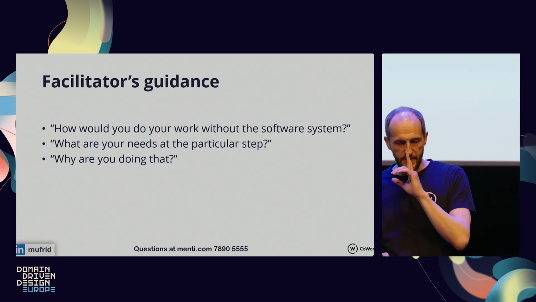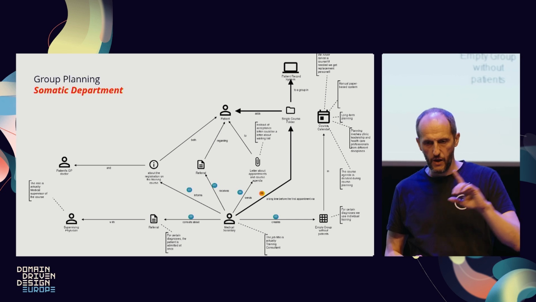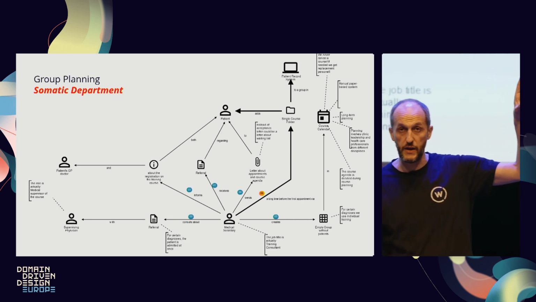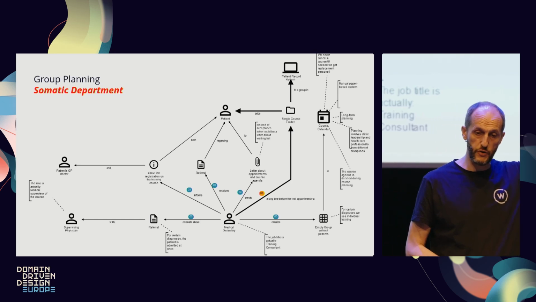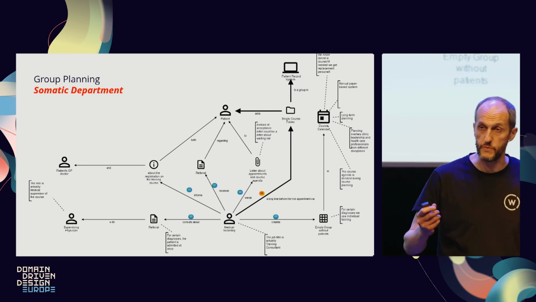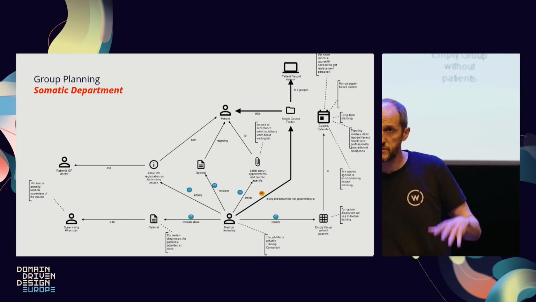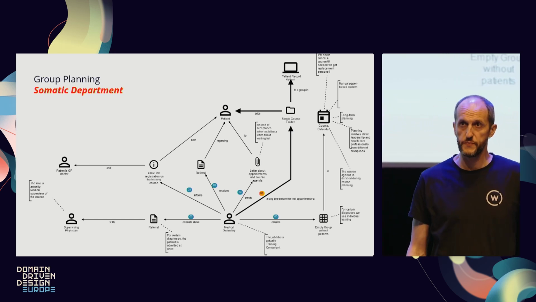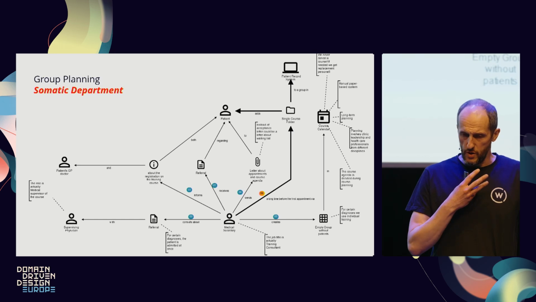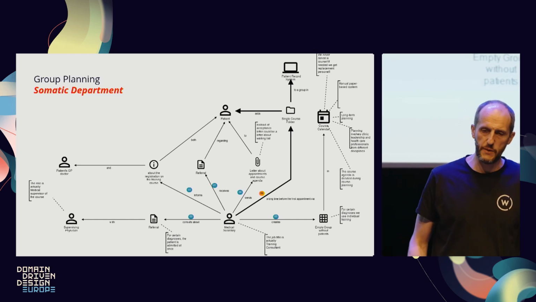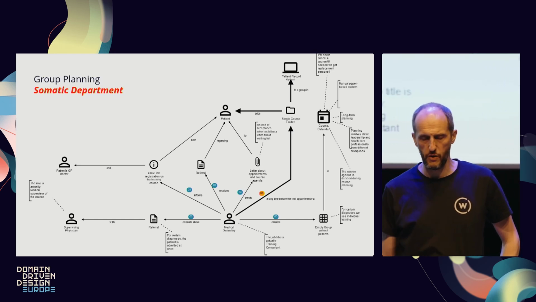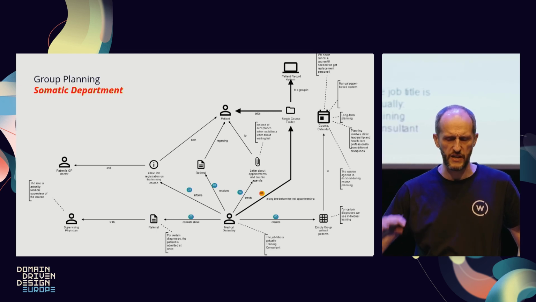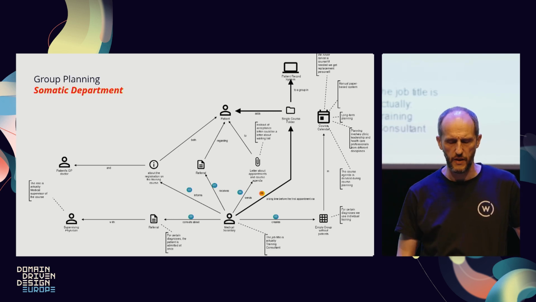Okay, so with that in mind, we went back to the domain stories we modeled in the first workshop. So this is the somatic department, dealing with rehabilitation after lifestyle-affected diagnosis. They do planning this way. They keep the system on the horizon, and they're talking about courses and agendas and so on.